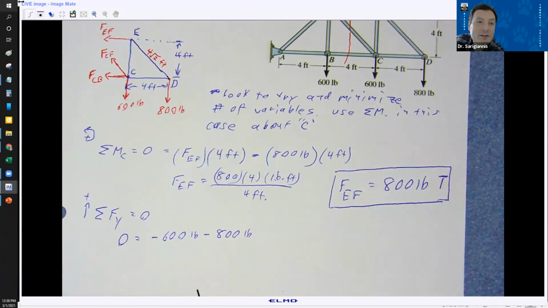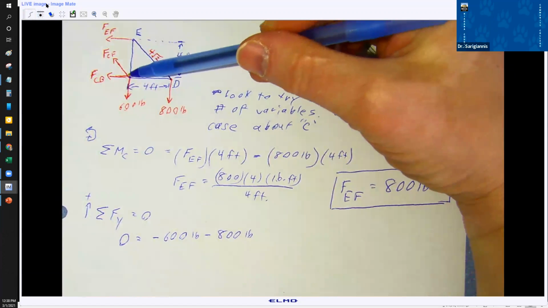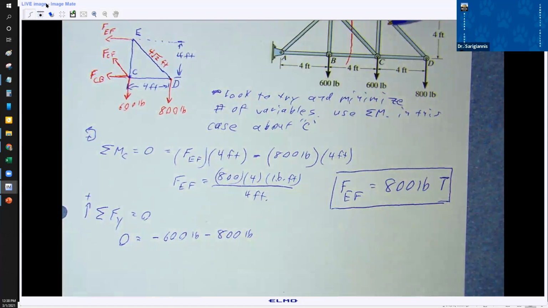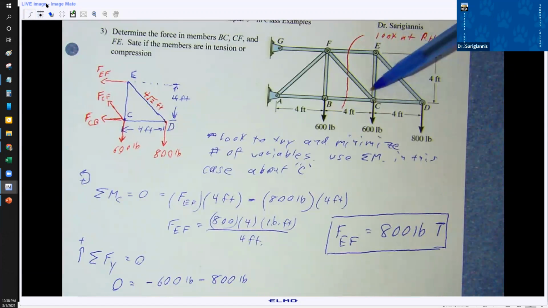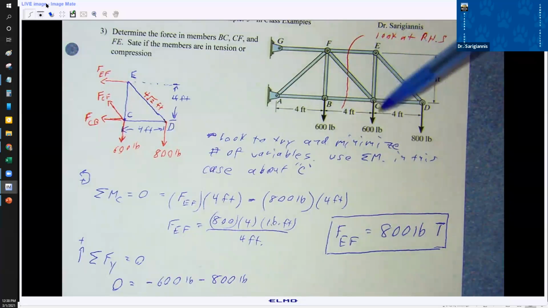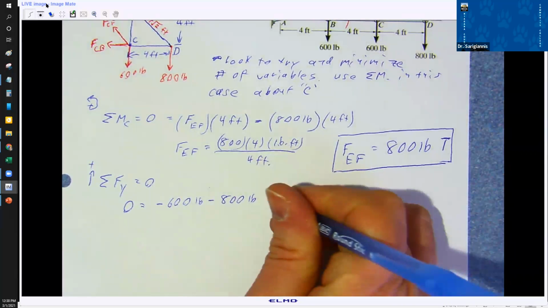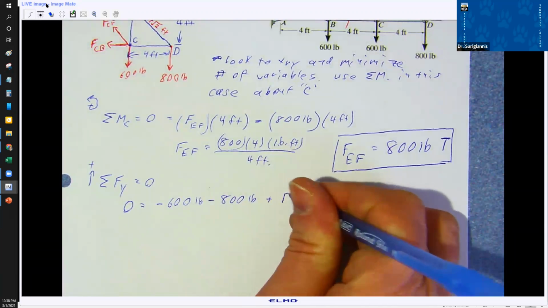And then FCF is in tension here. So the Y component of FCF is the vertical component. And everything we're given is a 4 foot by 4 foot triangle, right? So we're going to have plus FCF.